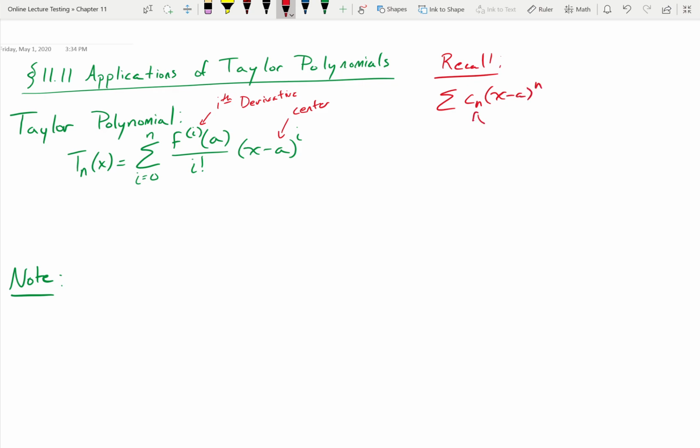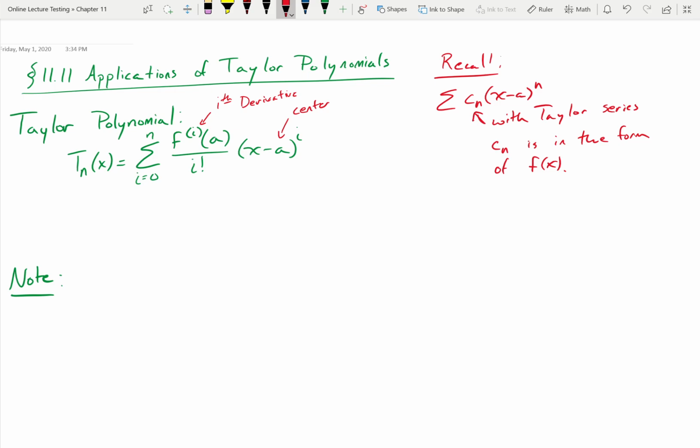And so with Taylor series, we actually found a representation of this in terms of x. So that's where that's coming from, because we wanted to relate it back to the function.